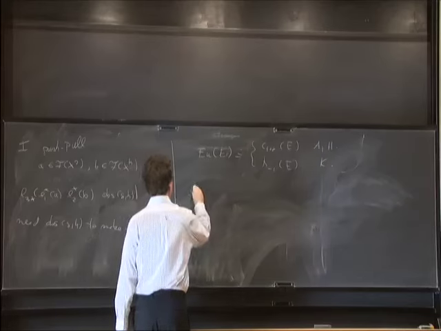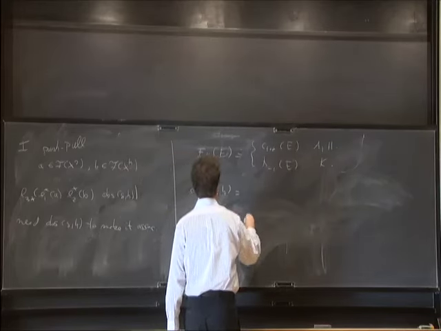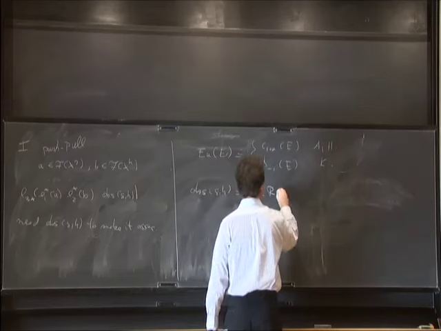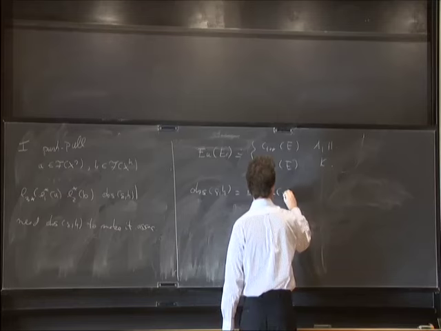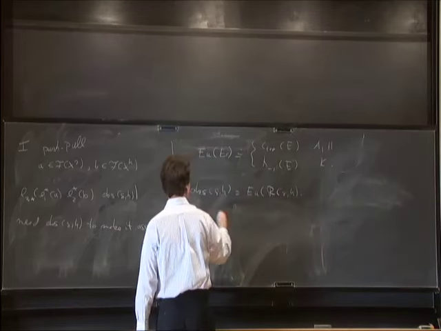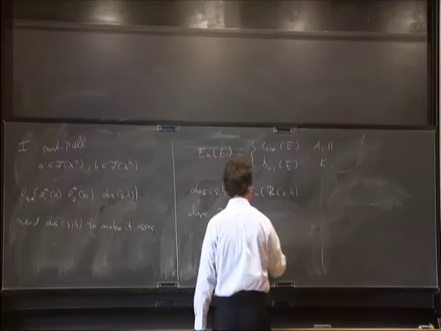Then this obstruction GH is just the Euler class of some obstruction bundle R of G and H, where R of G and H is equal to the following thing.